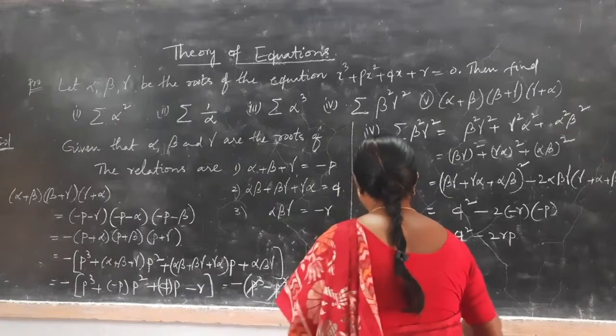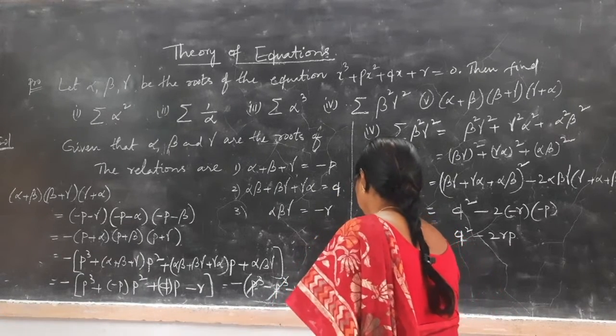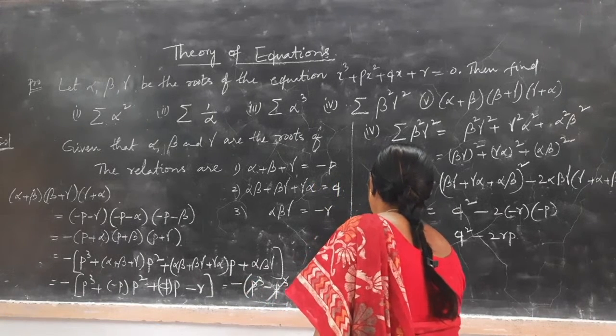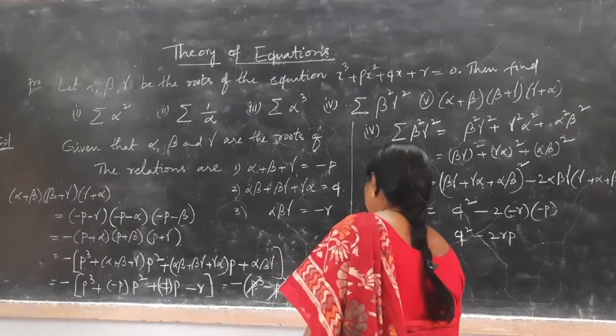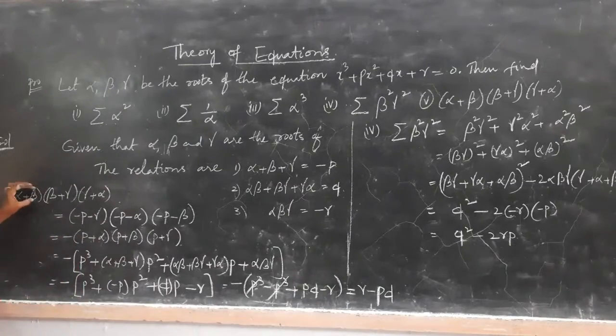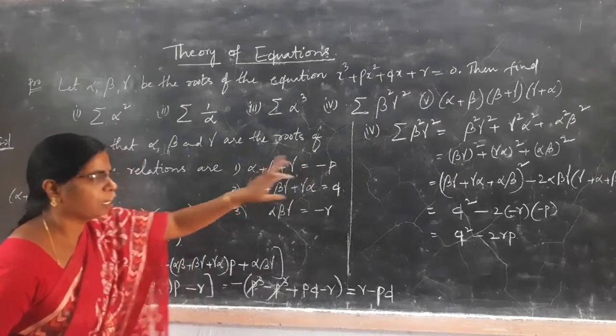What is it? See here, minus of minus r, r minus p cube. That will be one answer. So simple. Look here, alpha plus beta is, from this relation, minus p minus gamma.